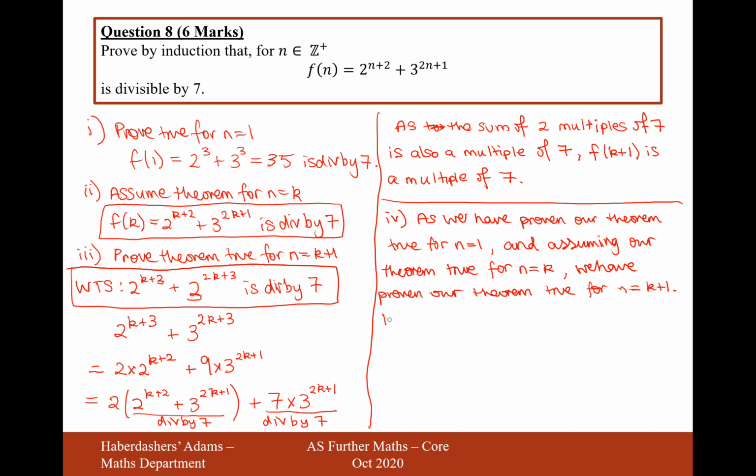Therefore, by induction, our theorem is true. By induction, 2 to the power of n plus 2 plus 3 to the power of 2n plus 1 is divisible by 7.